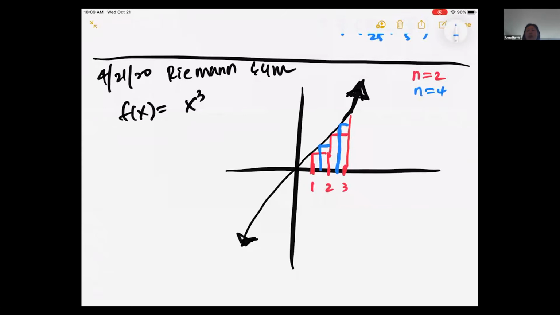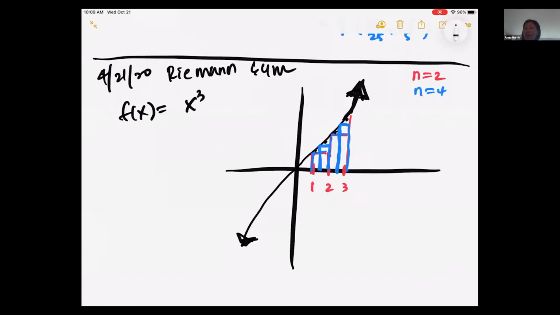All right, so now I have 4 rectangles. Now look at that. What happened to my error now? It got smaller. What's the space that does not cover? It's only over here, the tiny little bit. Okay, did you see that?